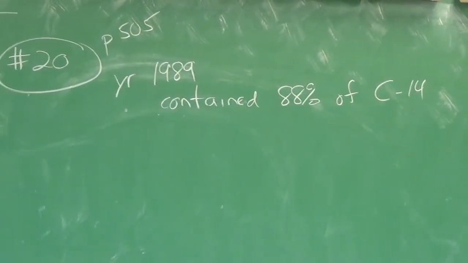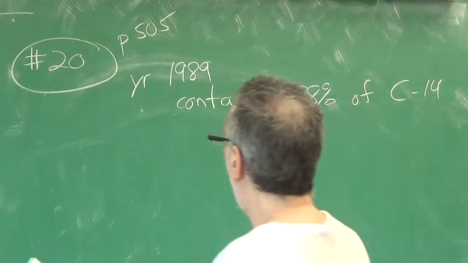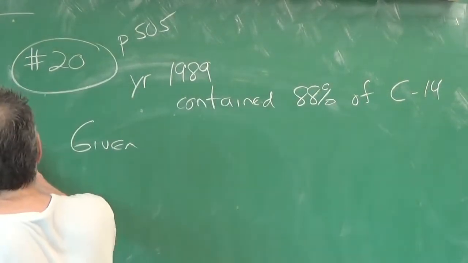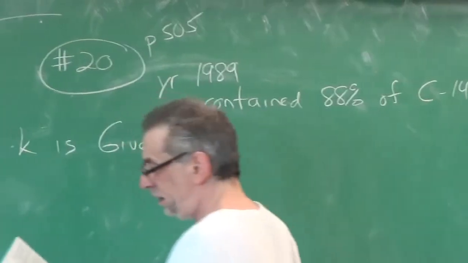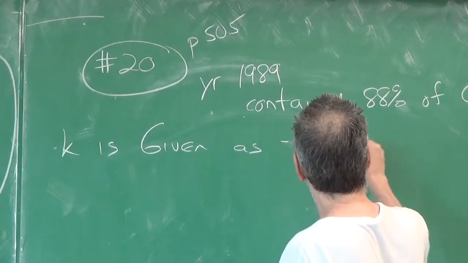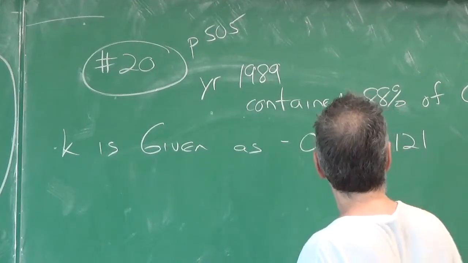All right, so going back to number 20, first we need to find the rate. We're not given the rate here, right? We are told that the skeletons contained 88% of the expected amount of carbon-14. Oh, actually, they do give us the rate in the problem. So K is given as negative 0.000121.